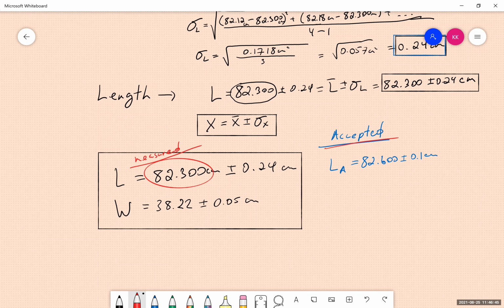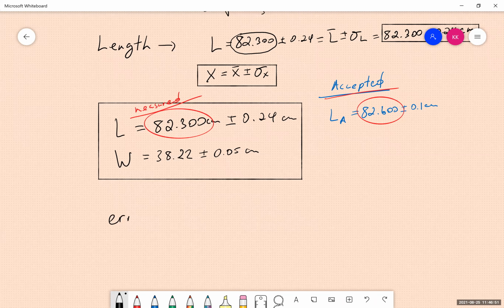What do we do? We take the average of both, and then we compare. We calculate the error in our measurement, which will be measured minus accepted. So for example, here it will be 82.300 minus 82.600.